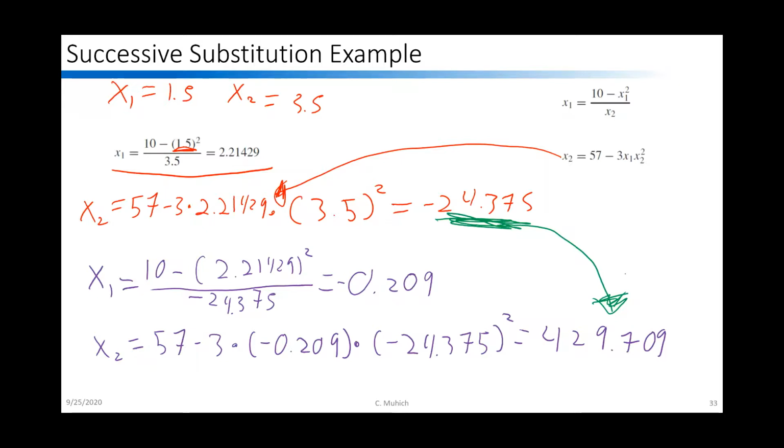Now I went from 24 to 429, that's a change of 400. My guesses for x2 are getting further and further apart. This is going to show us that how we choose this equation matters. We need to go back and rearrange these equations a second time to put them in a different form that hopefully won't diverge.